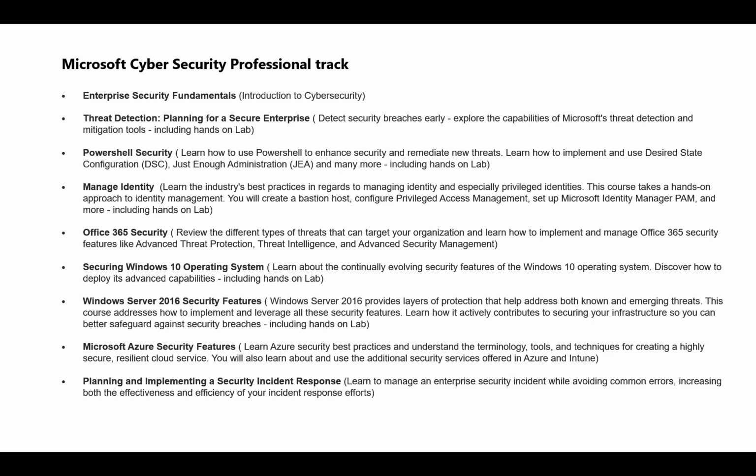After completing all the courses, you will be comfortable implementing, configuring, and supporting the Microsoft security services. So please take a moment and take a look at this slide, which shows all the courses from the track and a few words about each course.